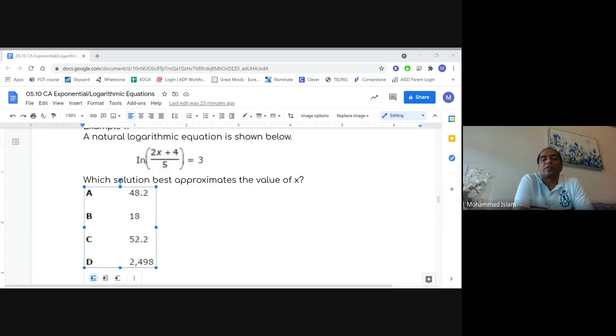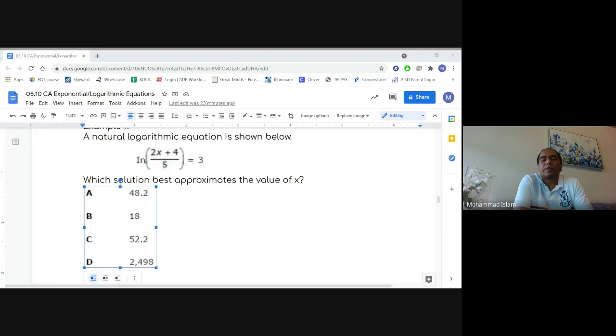Now you solve it further by multiplying with 5 on both sides, because you want to get rid of this 5 from the denominator. So 2x plus 4 is equal to 5e power 3. Okay, 5e cubed.